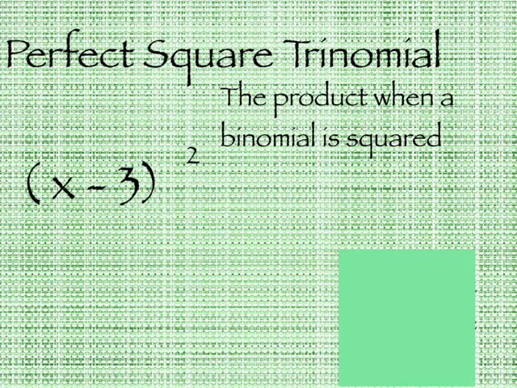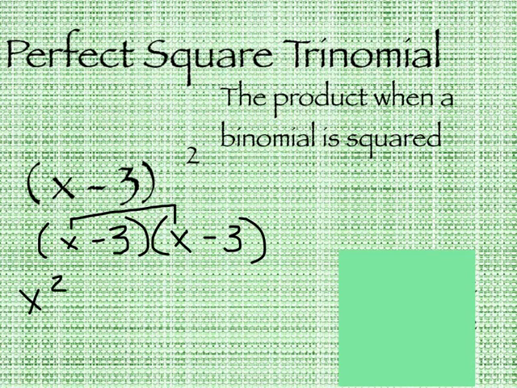Before we can talk about completing a square, we need to review what a perfect square trinomial is. A perfect square trinomial is the product of a binomial when it's squared. So x minus 3 squared would be x minus 3 times x minus 3. We want to multiply this, so x times x is x squared.